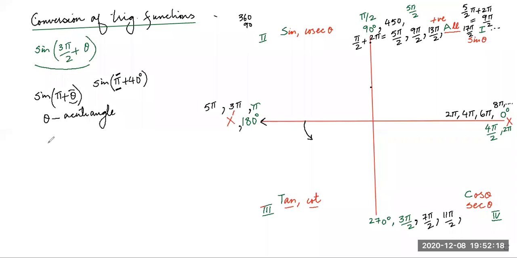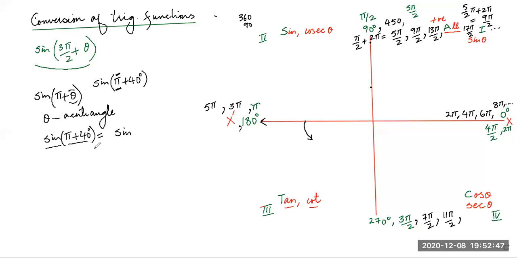So sine pi plus 40 degree, the sine function will not change. It will not get converted. So it will remain sine. Very simple.